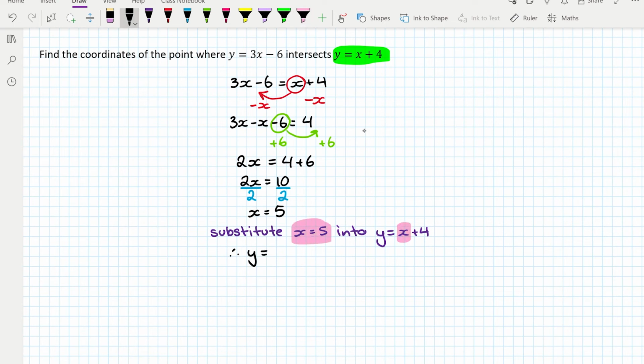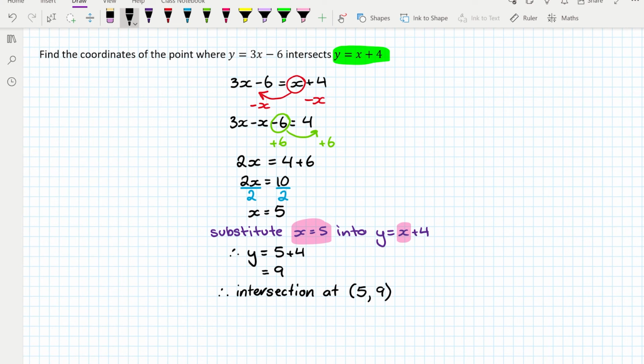So we're going to have y equals 5 plus 4, which is equal to 9. And we can say, therefore, we have an intersecting point. Intersection at, and then we're going to list our point. Now we always do our x coordinate first, so 5, and our y value would be 9. So we've got 5 and 9.